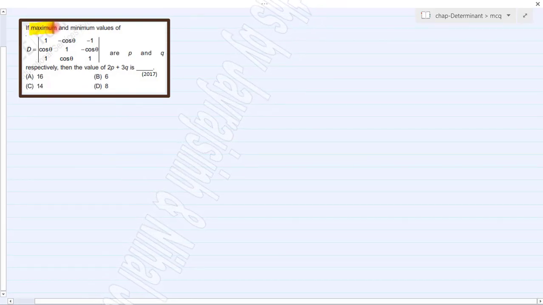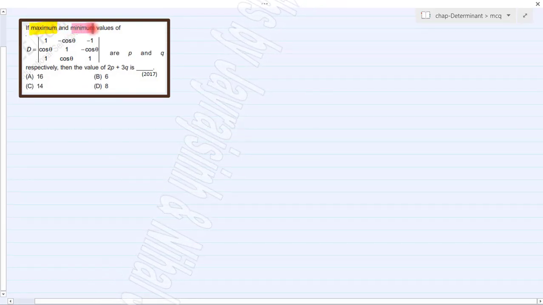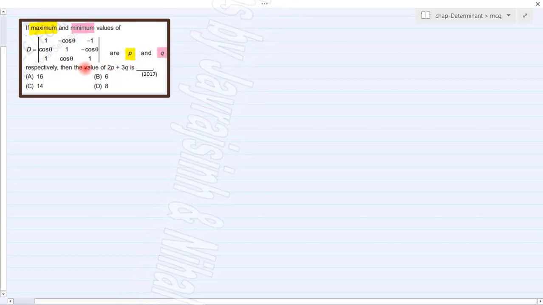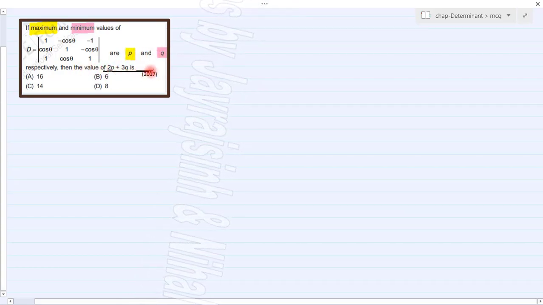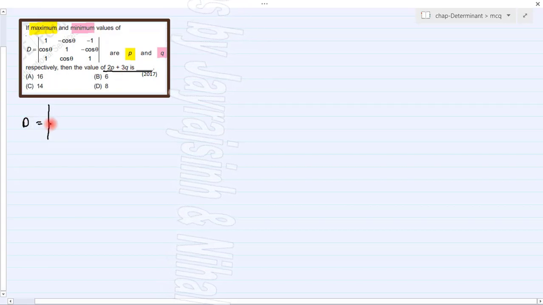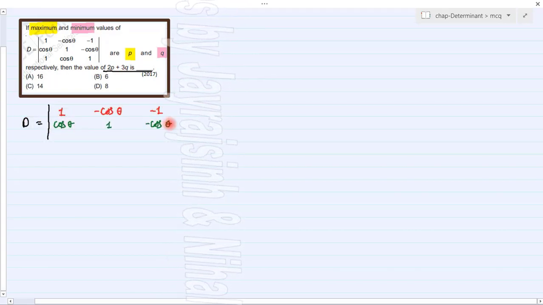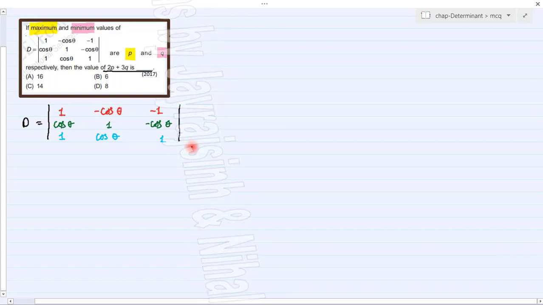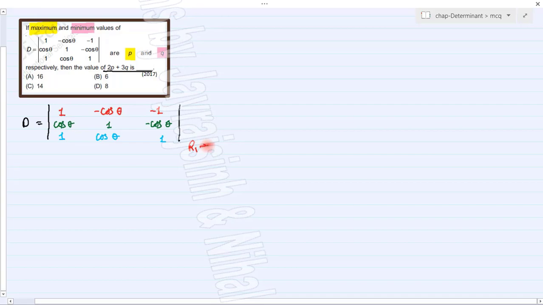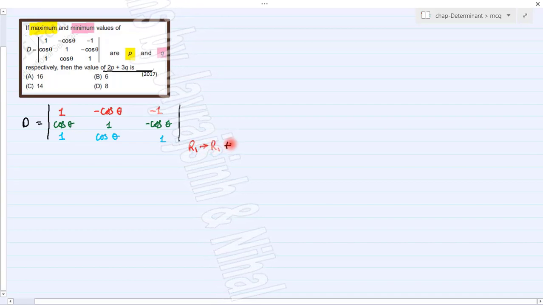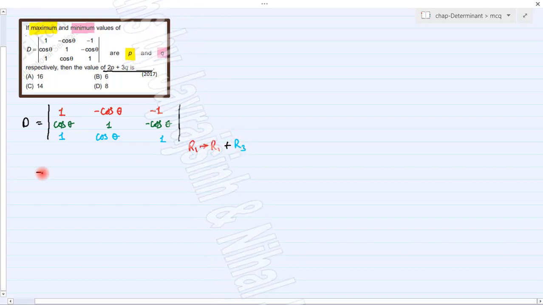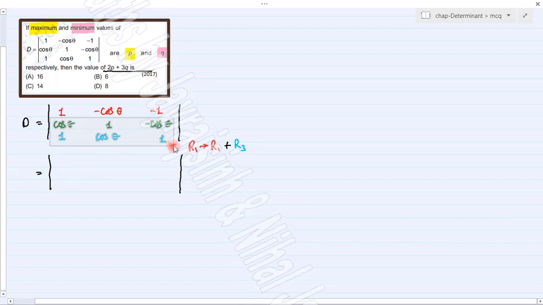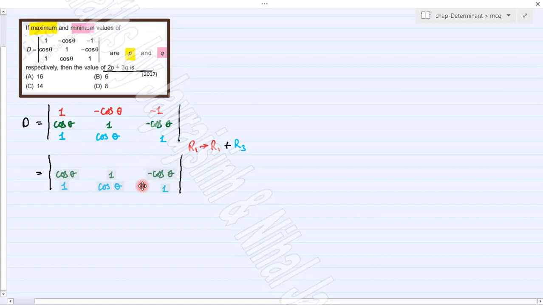If the maximum and minimum value of this determinant is P and Q respectively, then we have to find 2P plus 3Q. So to get the maximum value, first of all, we have to expand the determinant. First of all, let's simplify this determinant by taking the operation R1 gives R1 plus R3. So in this operation, the second and third rows will be as they are.